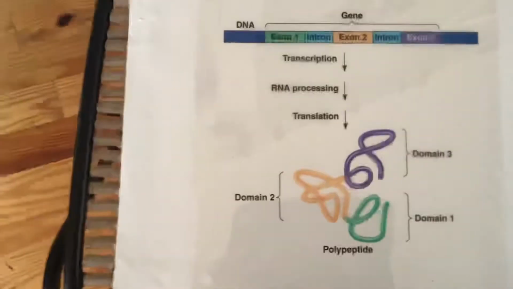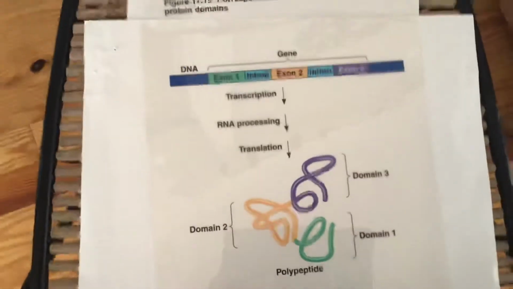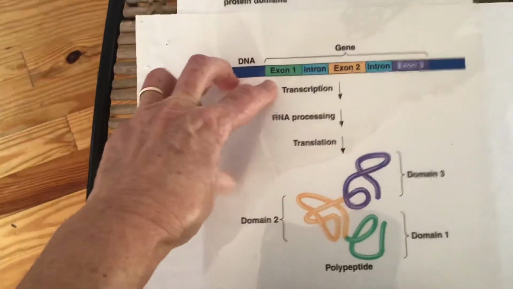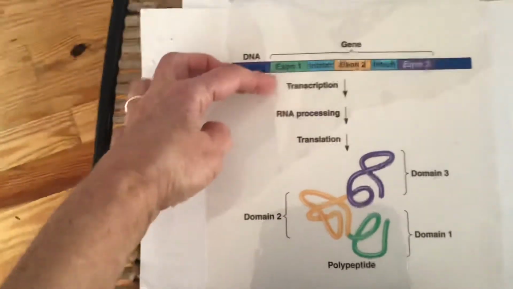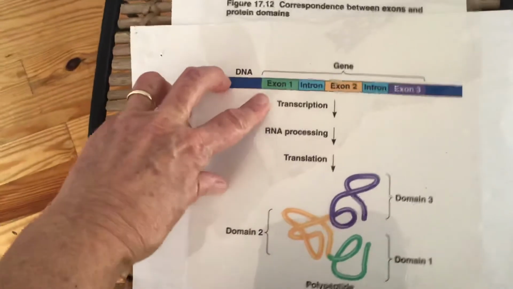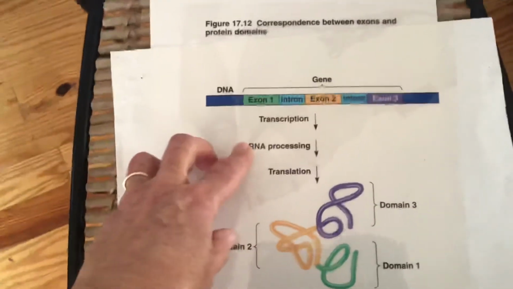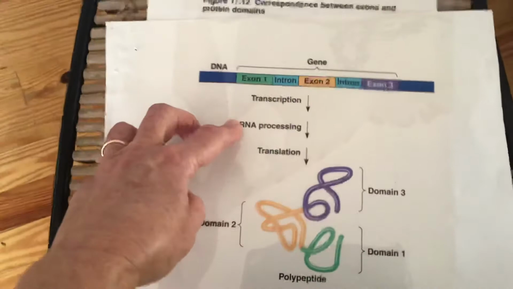So when I finally finish making my RNA, I'm going to transcribe the RNA. That's a process, a replication of the RNA, so they give it another name called transcription. And then they call it processing, where they're cutting out the introns.